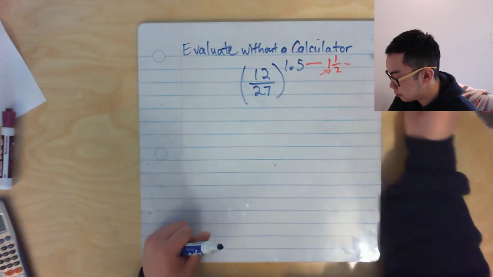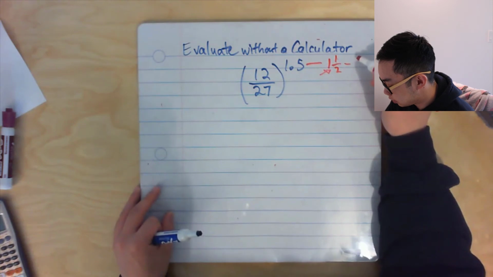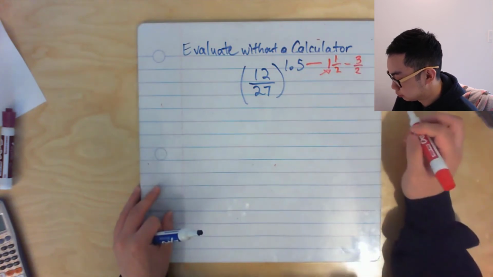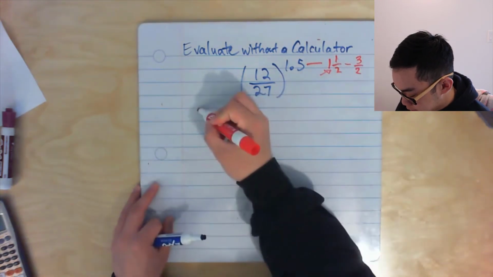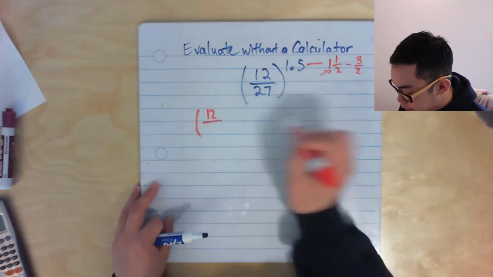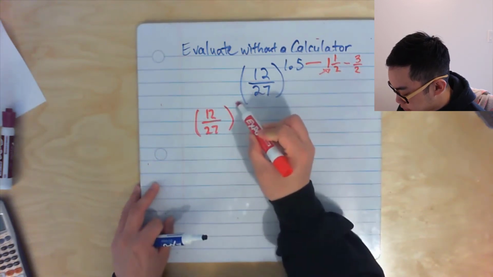So to do that, I'm just going to turn it into an improper fraction. And what that gets me is the number 3/2. And so I can rewrite that whole question as 12/27 to the 3/2.